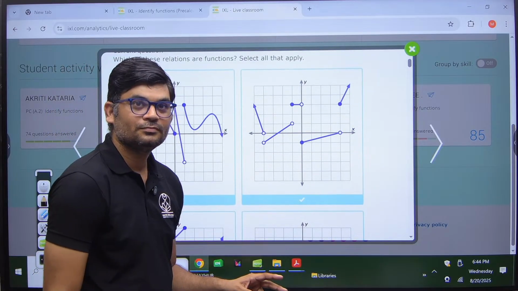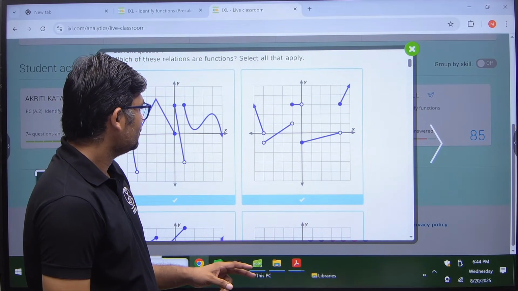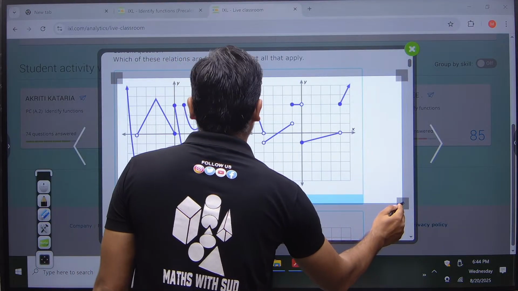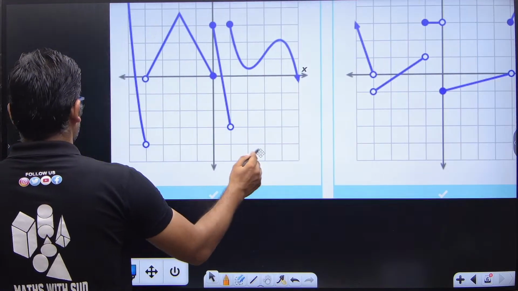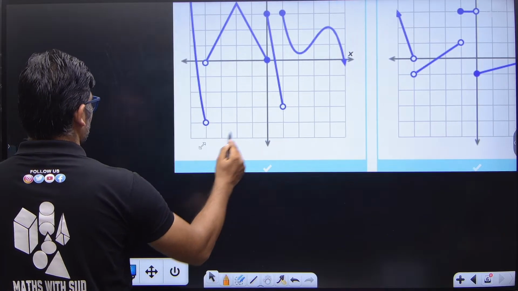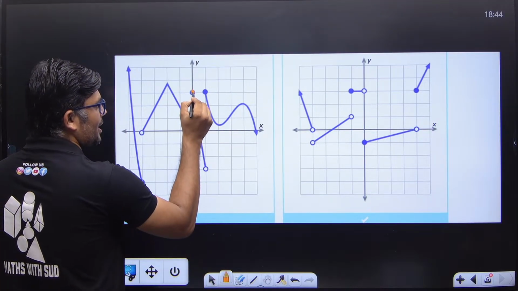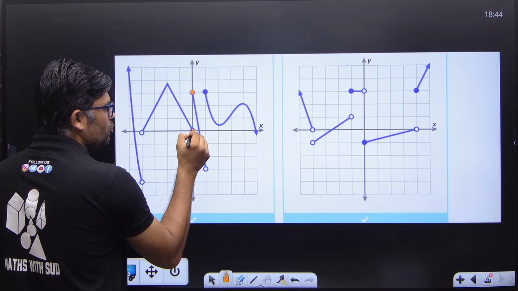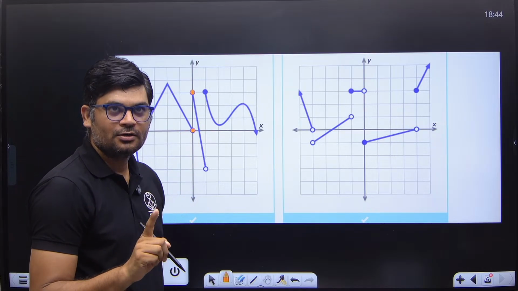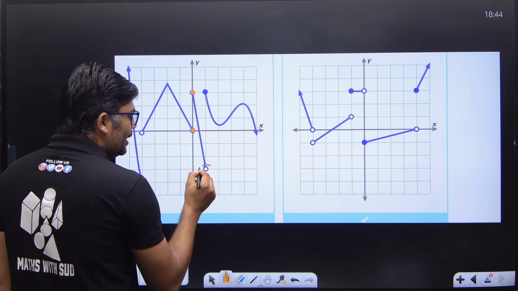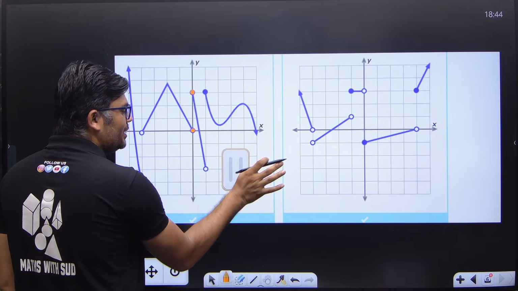Do the dots which are shaded mean anything? Yes, they do mean something. Let me show you. When I darken it, that means those 2 points are included. If I don't darken it, then it means this point is not included.